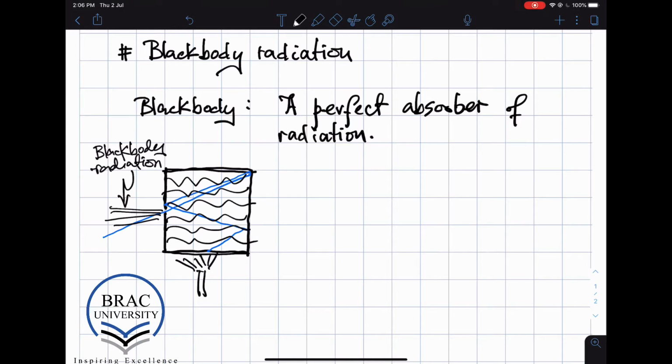And you can show on thermodynamic grounds that the spectrum of this black body radiation does not depend either on the size or the material of the black body.